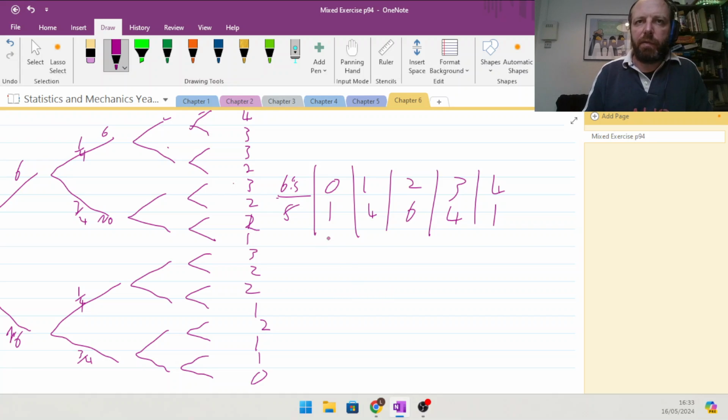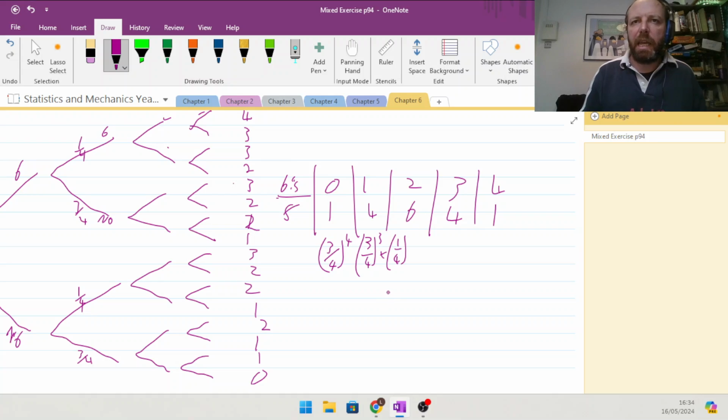The probability of getting no sixes is 3 quarters to the power 4 times 1. The probability of getting 1 six is going to be 3 quarters to the power 3 times 1 quarter times 4.